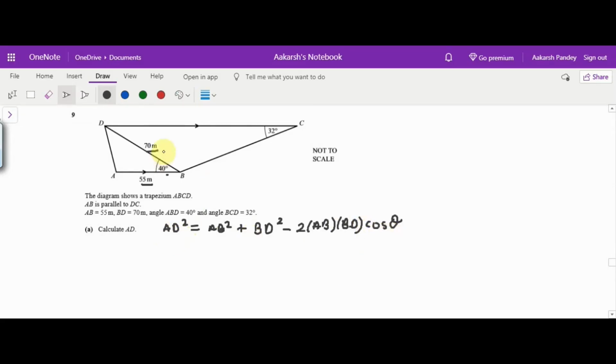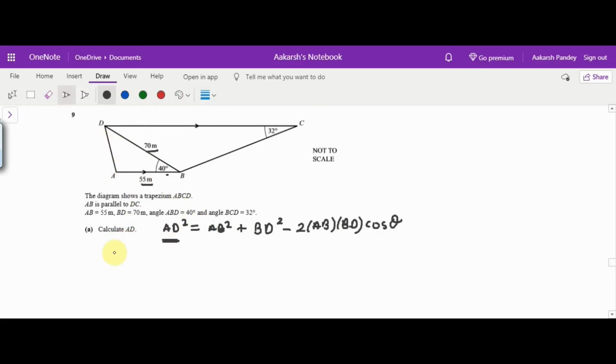A few things to note: whatever angle I have, the side square which I put on the LHS will always be the side which is opposite to the angle. Now because I have cos 40 and this 40 is angle DAB, the side on the left hand side of the equal to sign will be AD square.